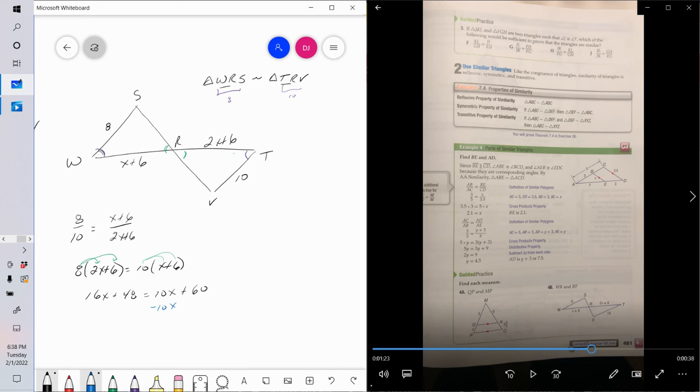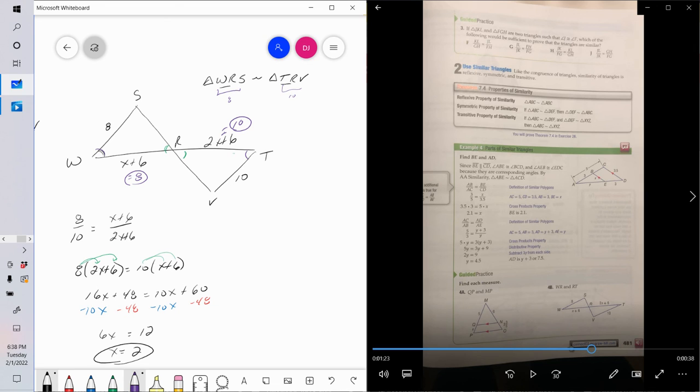I'm going to subtract 10x from both sides, and at the same time subtract 48 from both sides. So 6x equals 12, or x equals 2. So that gives me the value of x. Well, if x equals 2, then this side would be 2 plus 6, or 8. And this side would be 2 times 2, which is 4, plus 6 is 10.